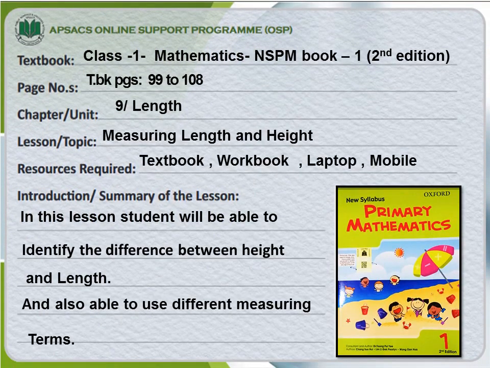Textbook required: Class 1 Mathematics, chapter number 9, length, measuring length and height. In this lesson, students will be able to identify the difference between height and length and also be able to use different measuring terms.